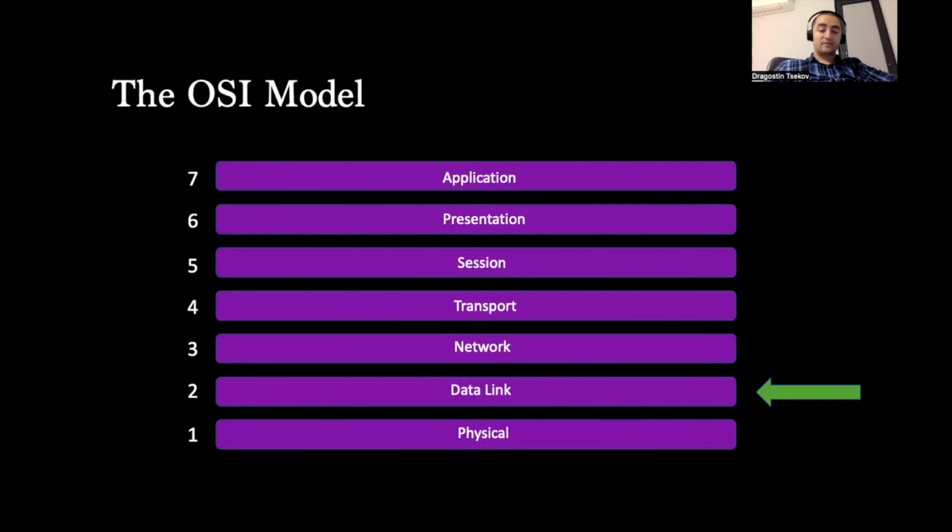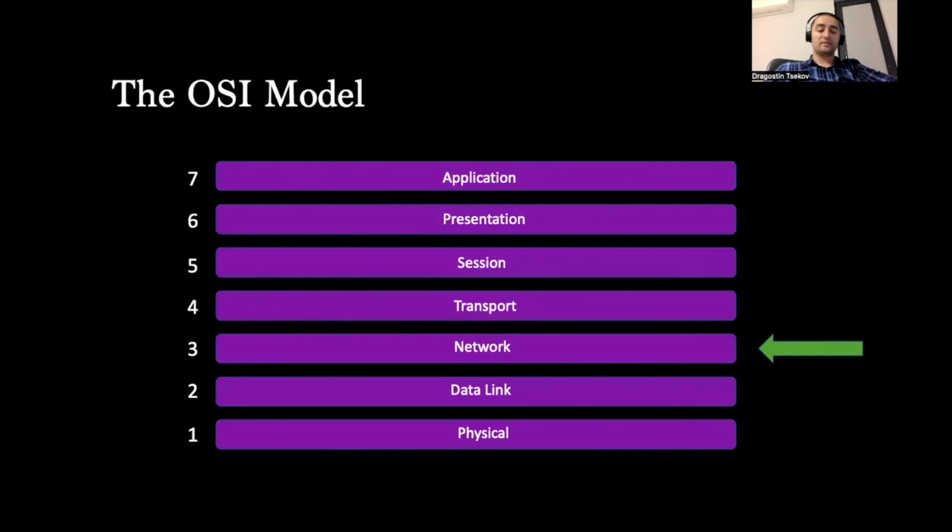Now, next you have the network layer, and on the network layer is where routing usually happens. This is where you have the routing protocols that we're going to talk about later in more detail. For example, protocols like EIGRP or OSPF or IGMP and so on and so forth.